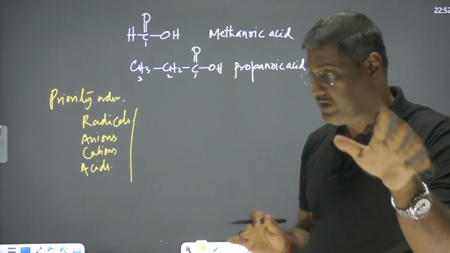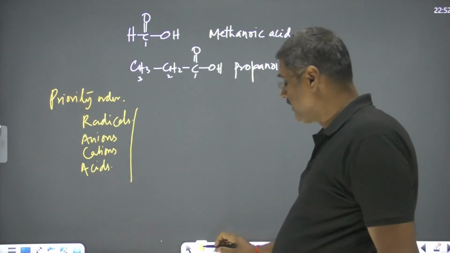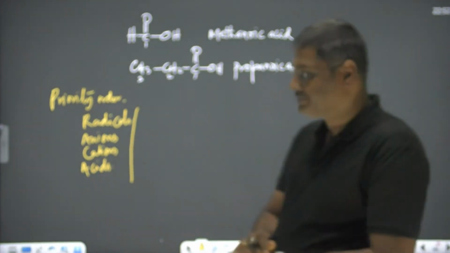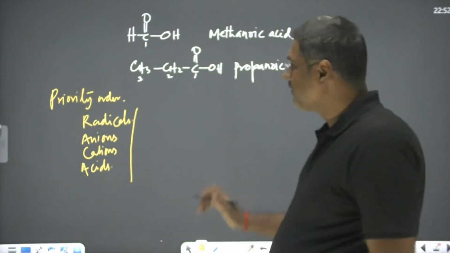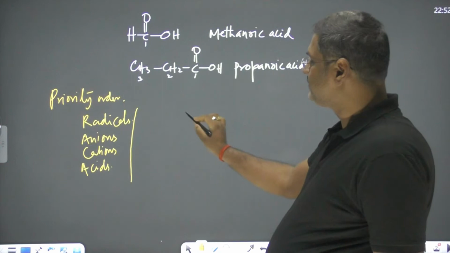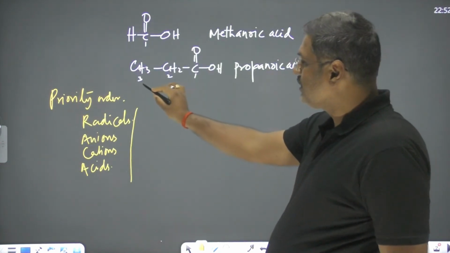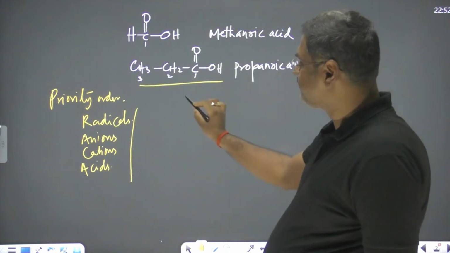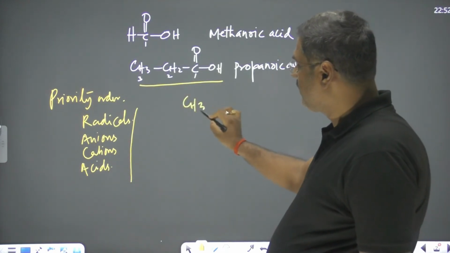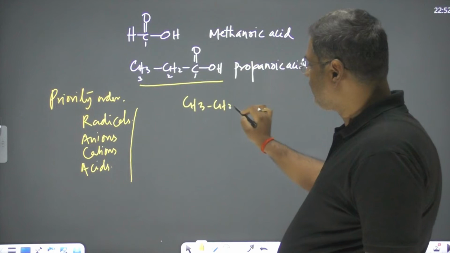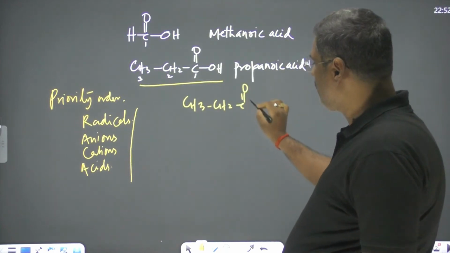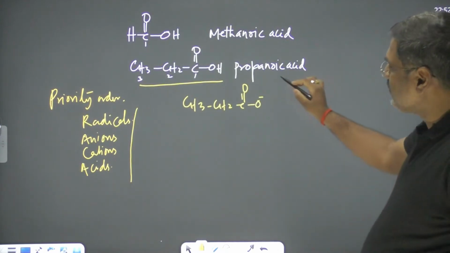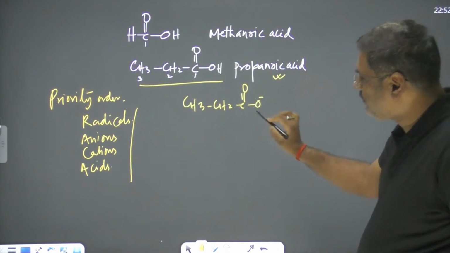Sir, one example. Yes, take an example. I take this only example. This one is CH3CH2COOH, so we say propanoic acid. We make it a salt: CH3CH2, C double bond O and O minus. What is this now? If this one is propanoic acid, then what is this?